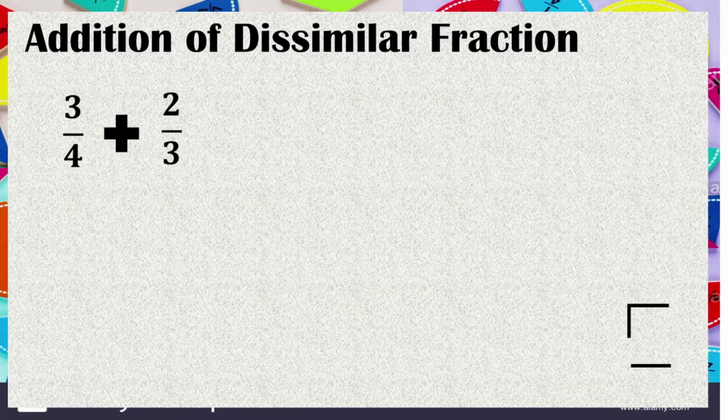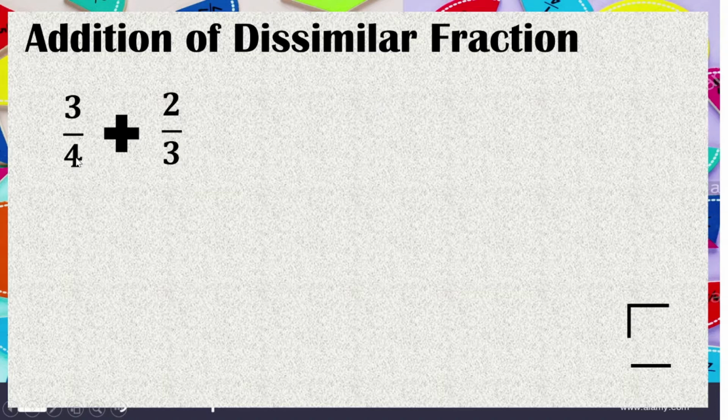Another example. Okay. So, we have 3 over 4 plus 2/3. Okay? So since they are dissimilar fraction, we are going to find first the LCD using the LCM. Okay? So ang ating denominator ay 4 at 3. So find natin yung least common multiple ng 4 at 3.